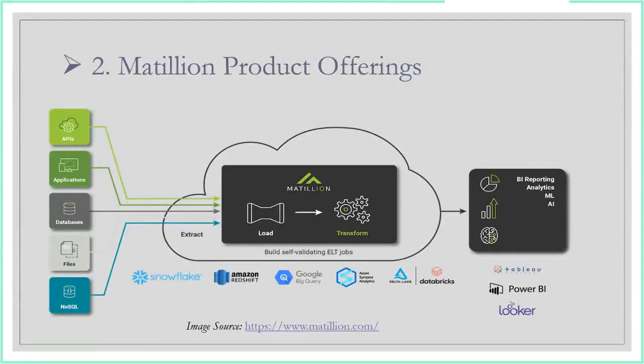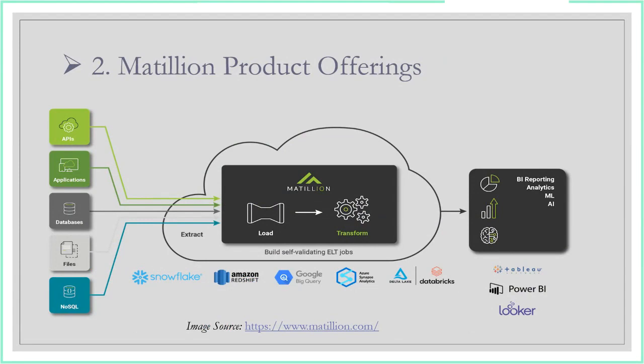Next we saw the different product offerings Matillion provides. It has platform dependent products: Matillion for Snowflake, Matillion for Redshift, Matillion for Google BigQuery and others. Matillion for Snowflake is popular because it can be launched on all three cloud platforms: AWS, GCP or Azure.